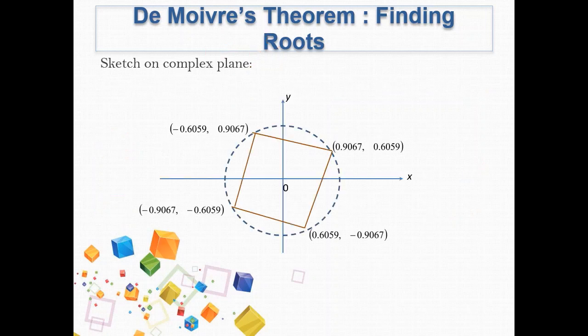The first root is k equal to 0, the second root is k equal to 1, the third root is k equal to 2, and this is for k equal to 3. Remember the r here is square root of 2, so this should be square root of 2 as well.